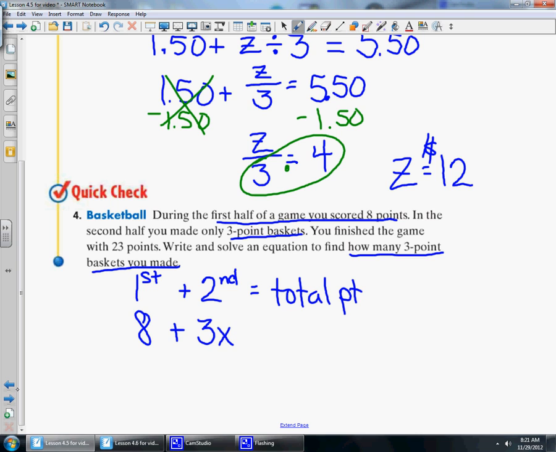So that's what we're trying to find. So we should have defined the variable first. X equals the number of 3-pointers that you made. So we have 3 times x, and that's going to equal your total points, which is, you finished the game with 23 points.